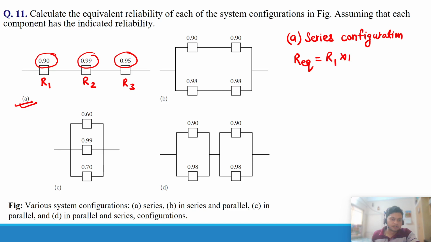So R1 into R2 into R3. So 0.90 into 0.99 into 0.95. This value comes as 0.84645.